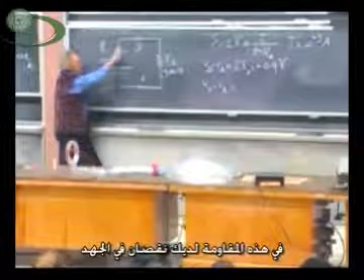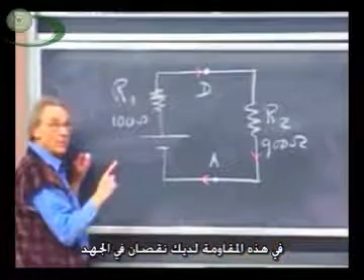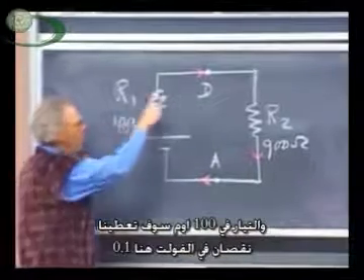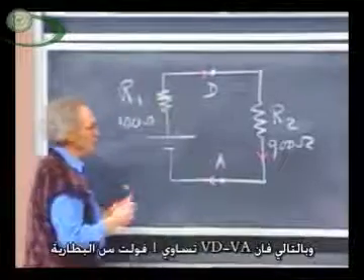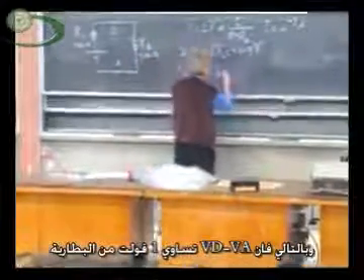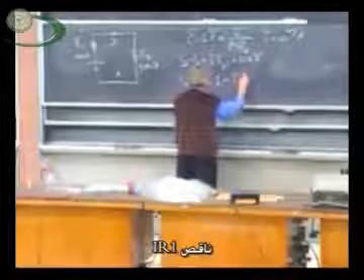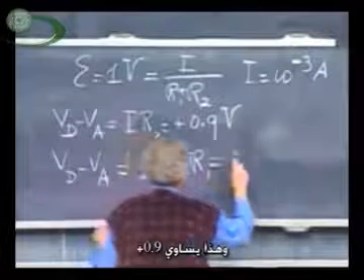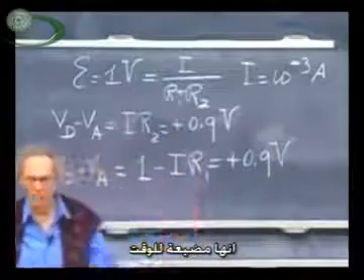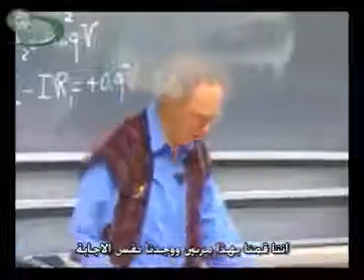But you have in the resistor here a voltage drop, according to Ohm's law. And the current times 100 ohms gives you a 1/10 volt drop here. So VD minus VA is the 1 volt from the battery minus I times R1, and that is plus 0.9 volts. What a waste of time that we did it twice and we found the same result.